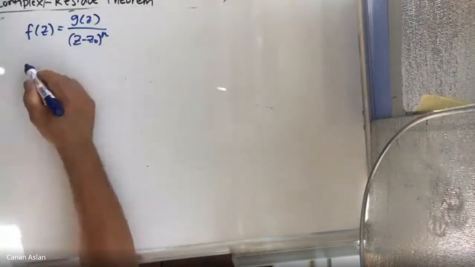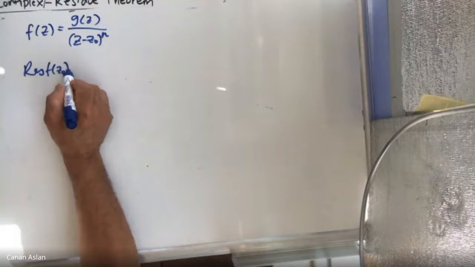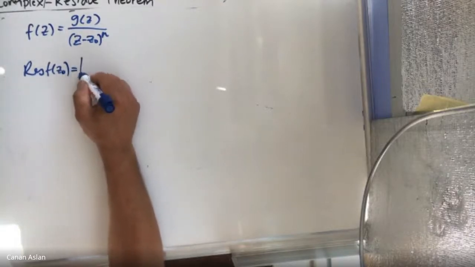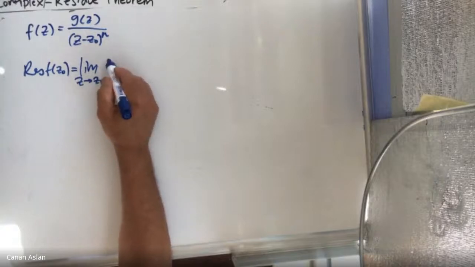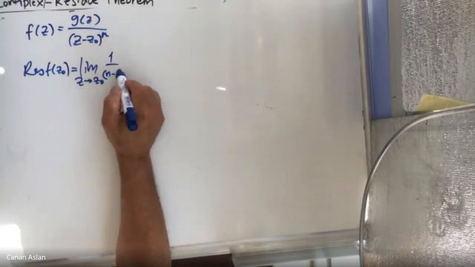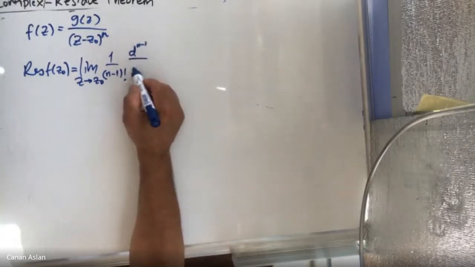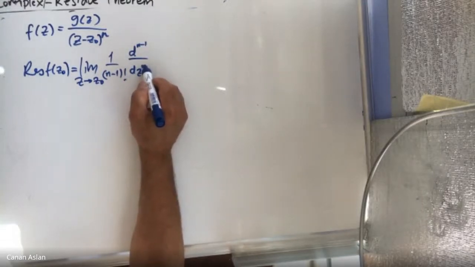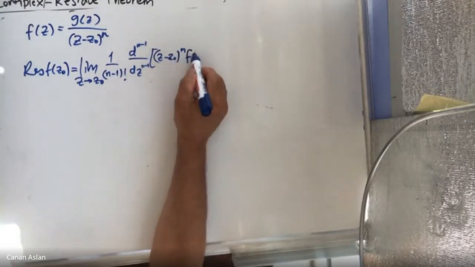In this case, the residue at z0 is given as the limit as z approaches z0 of 1 over n minus 1 factorial, times d to the n minus 1 divided by dz to the n minus 1, times z minus z0 to the n times f(z).